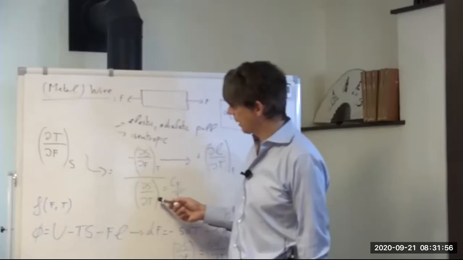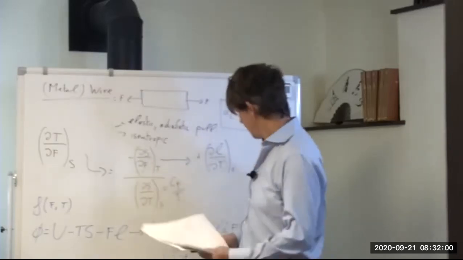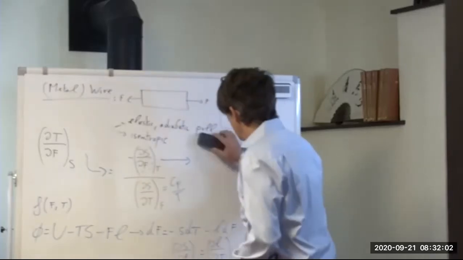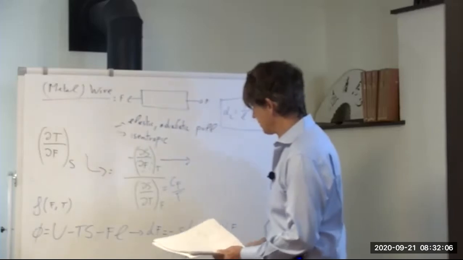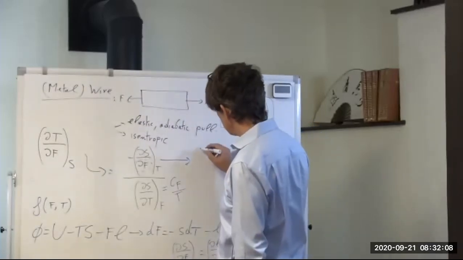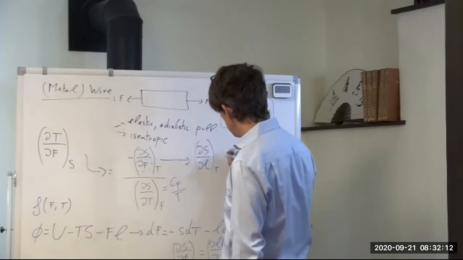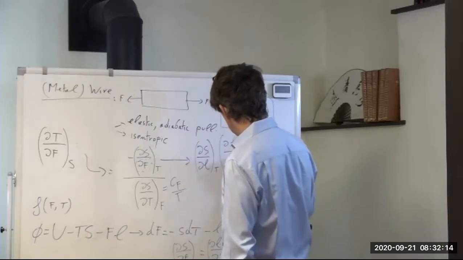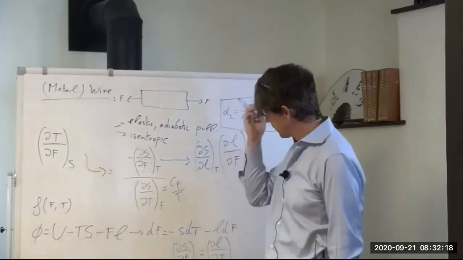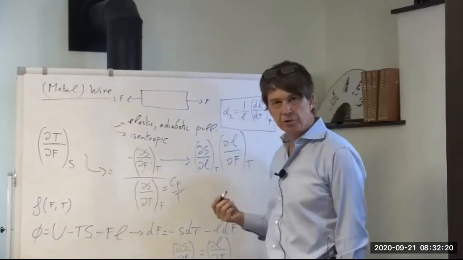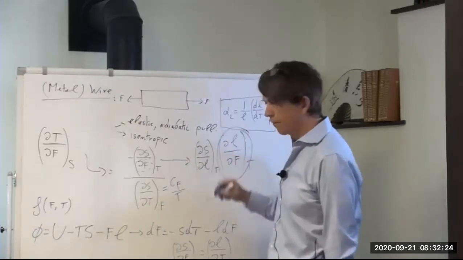Because it's a heat capacity. So all depends on the SDF. And let me write that slightly differently for you, just to make sense of the sign. I could write the SDF as the SDL at constant T times the LDF at constant T, right? That's the chain rule.